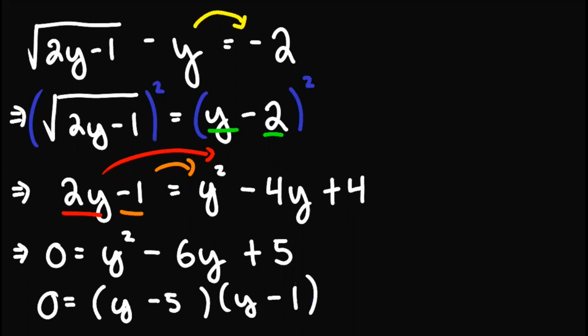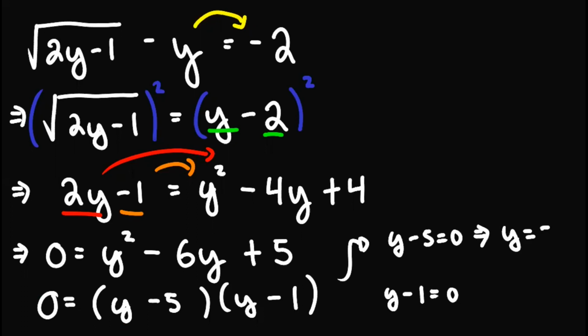So by quadratic equations, we know that either y minus 5 equals 0 or y minus 1 equals 0. Wherein y minus 5 equals 0 implies that y is equal to 5, and y minus 1 equals 0 implies that y is equal to 1.